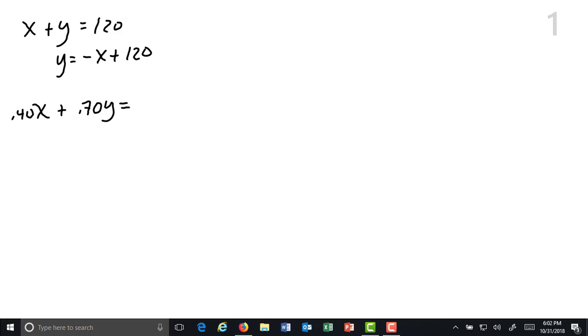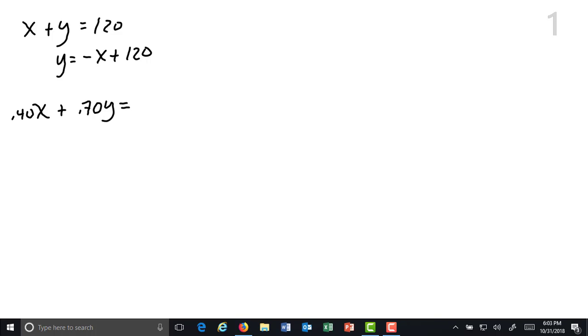So we have a 40 and a 70, right? What we want is a 50% solution of the total batch. You have two strengths, 40 and 70. What do you want to end up with? A 50%. Yes or no? Okay.